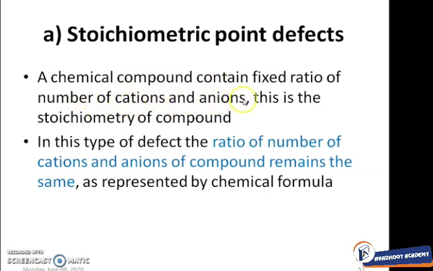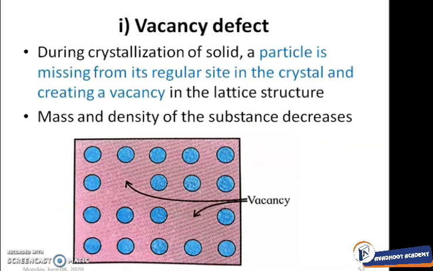The cation to anion ratio is fixed. So in a stoichiometric point defect, the ratio of the number of cations and anions of the compound remains the same. After creation of the defect, this ratio is maintained, and such a defect is called a stoichiometric point defect.